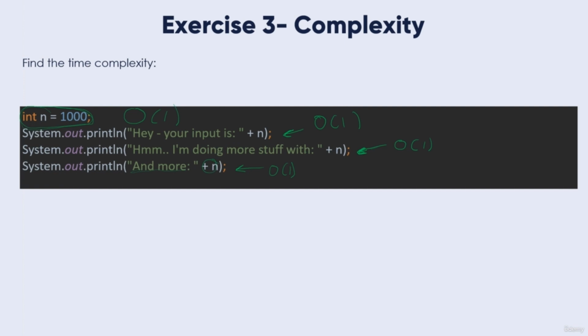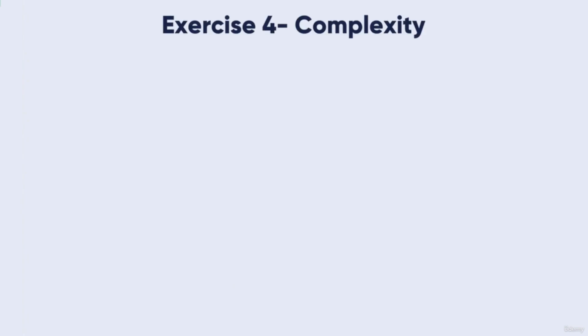So 1, 2, 3, and 4: O of 4, which results in O of 1. So this is the time complexity for this algorithm.